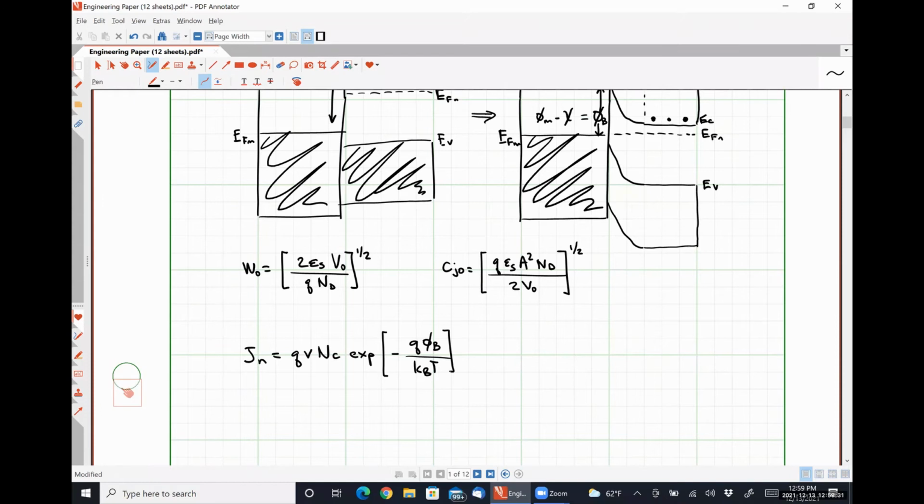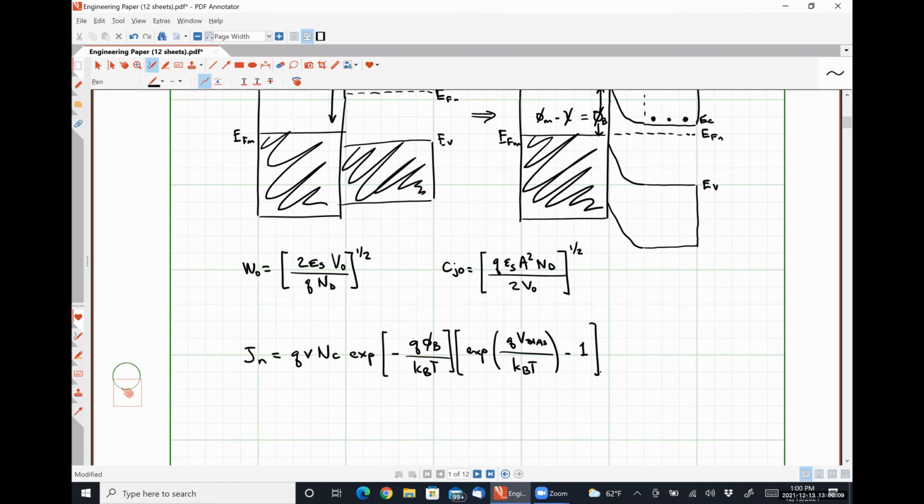So it behaves exactly like a PN junction with just slightly different parameters. So exp(Q V_bias over kBT), this whole thing minus 1, so that when V_bias is 0, this whole bit here equals 0 and no current flows through the device.